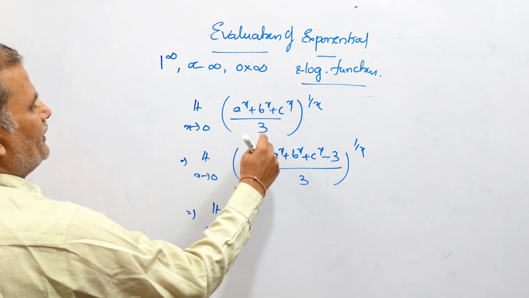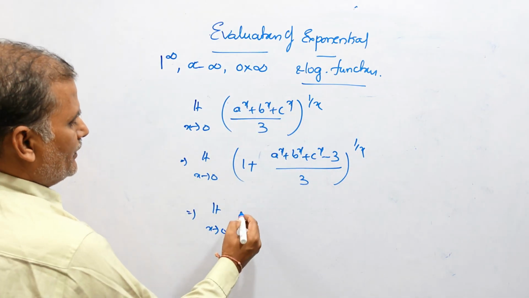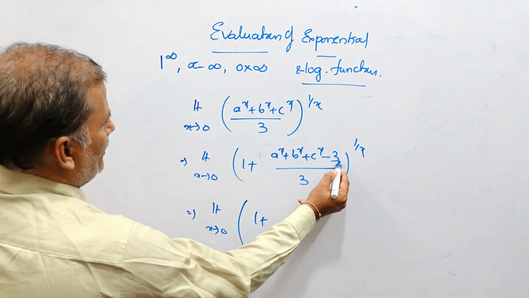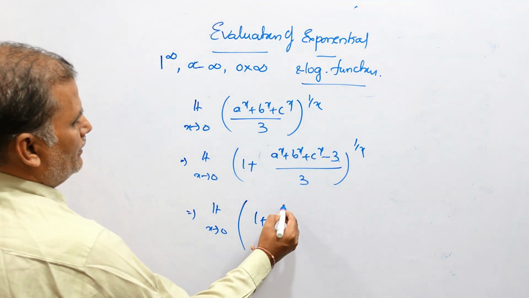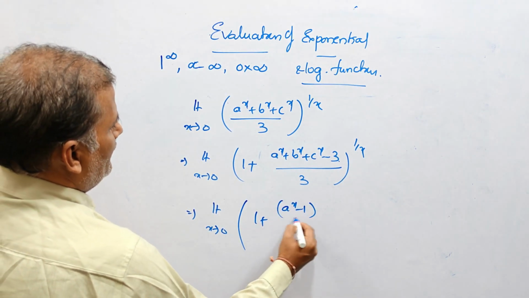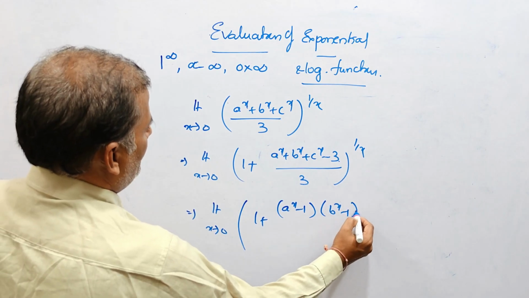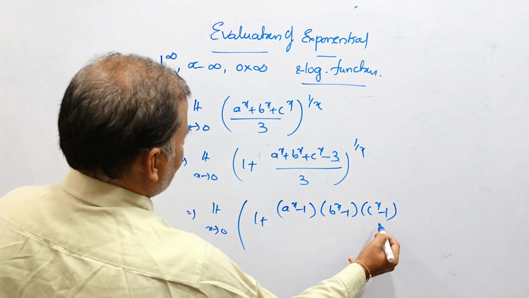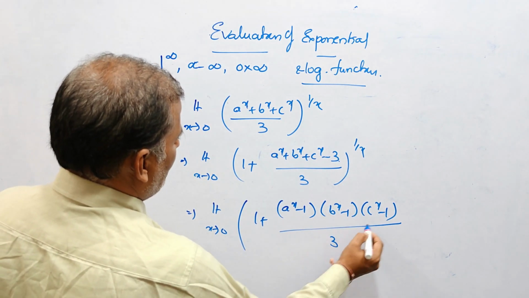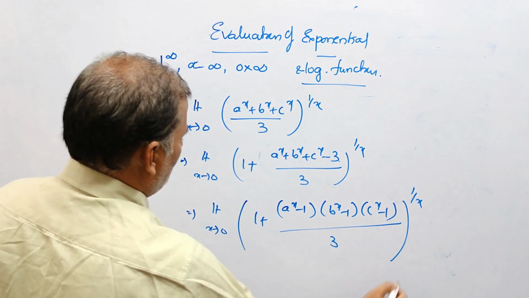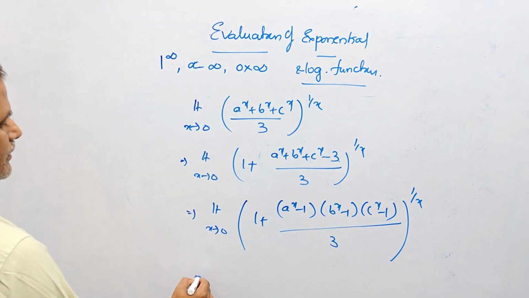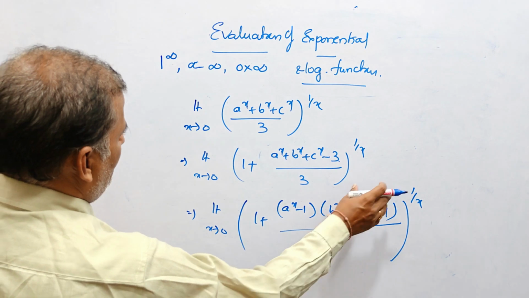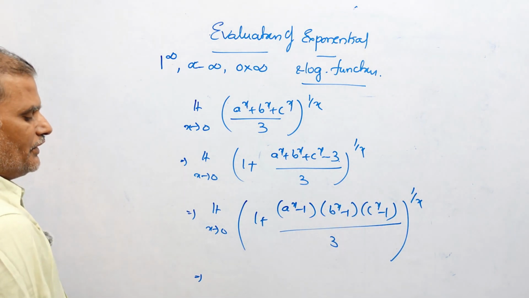I want to write this function in 1 plus f(x) form. Here the 3 means 1 plus 1 plus 1. We apply 1 here, and b here and c here, by 3 whole power 1 by x. Now this is 1 plus f of x whole power 1 by g of x.